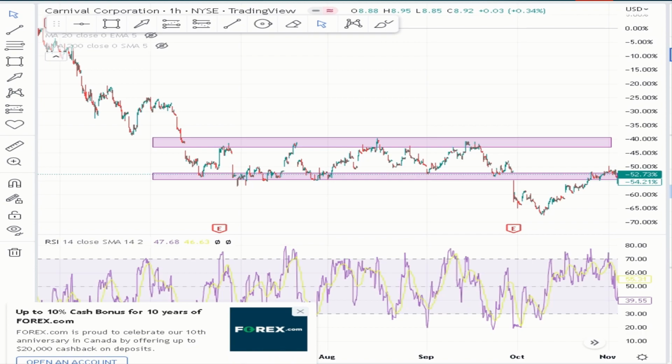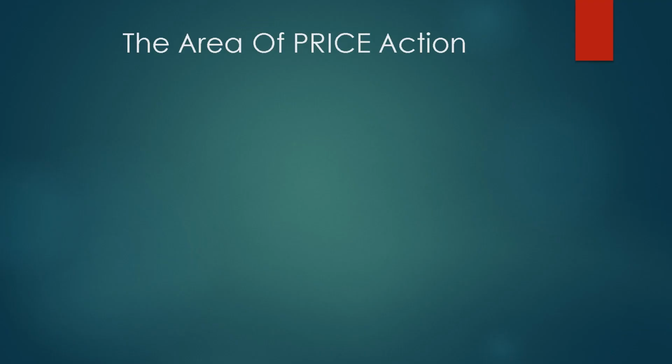So let's move on. Here we get to the point of entry or price action area, the area of value, the area of significance, the area that is giving us a signal to get in or take an action. So first of all, we have to know where to buy or sell, right?